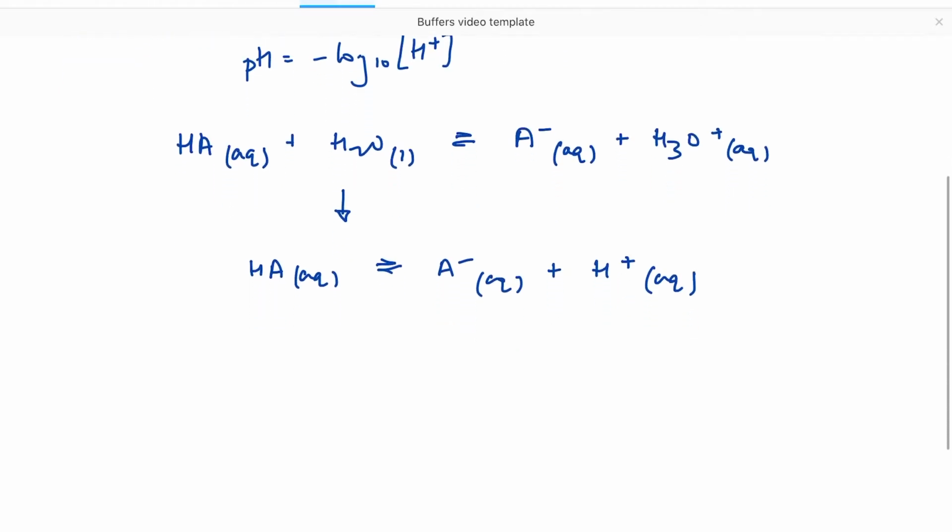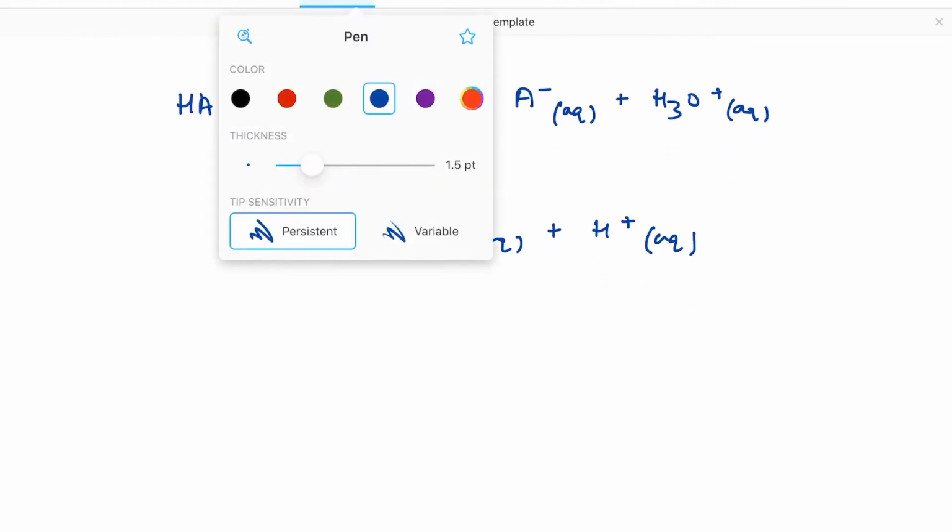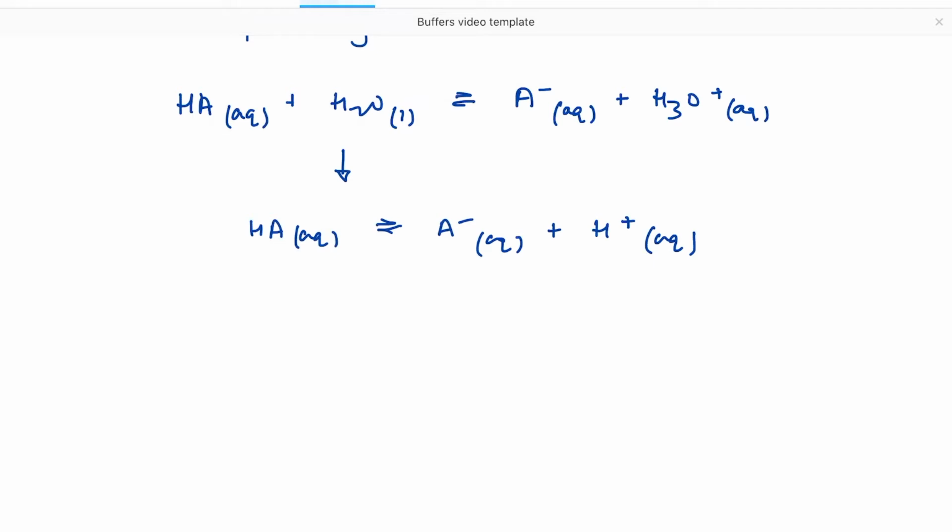We need to be clear, however, because this looks exactly like the same equation that we would use for finding the pH of a weak acid, that in this case, A minus has come from our conjugate base, or the salt used to make our buffer solution, and HA is obviously the weak acid.